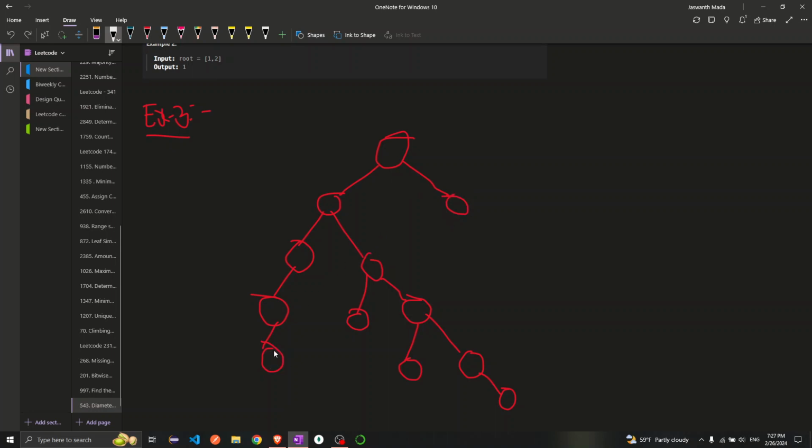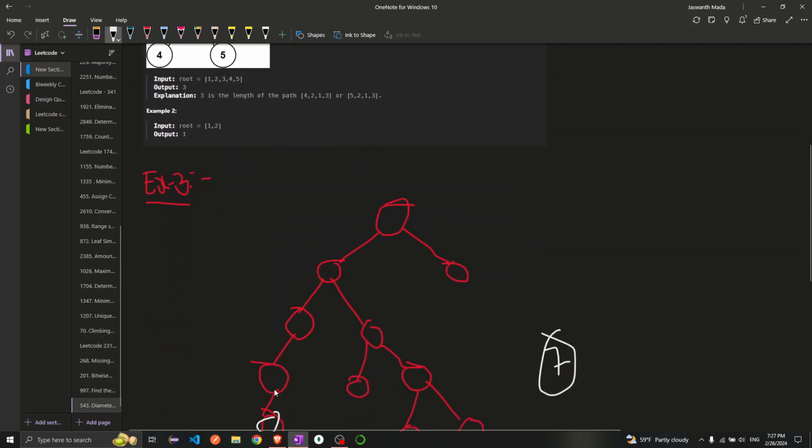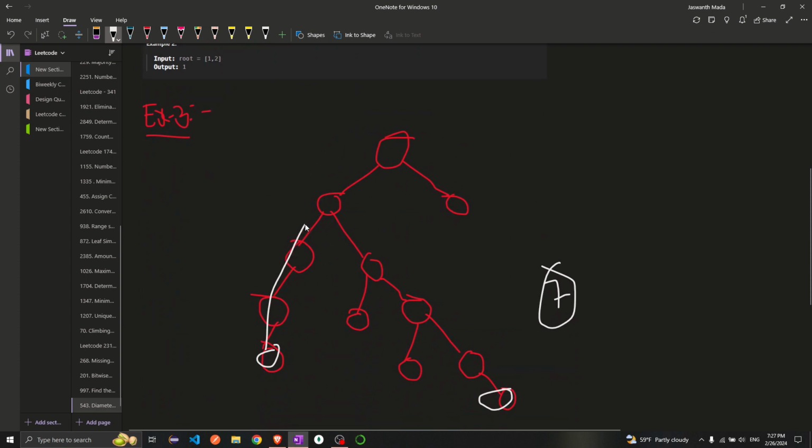But if you take this node and this node, the length is 1, 2, 3, 4, 5, 6, 7. So the path may or may not always go through the root. Sometimes it may not go through the root as well. So in this example, this is the path. This is the longest diameter that we can form.